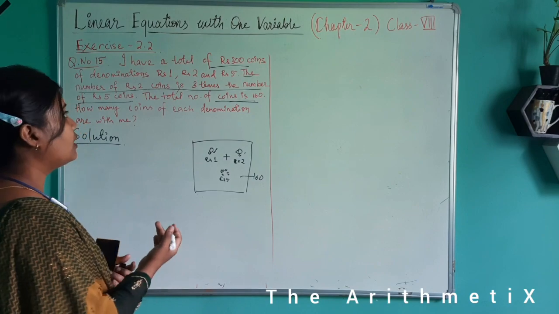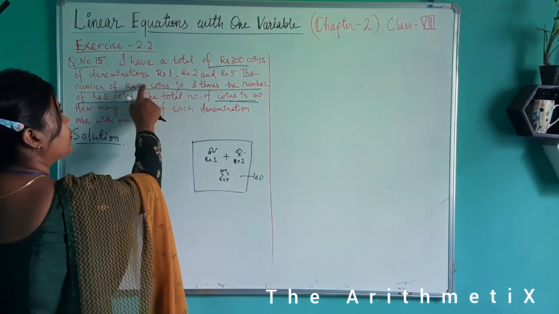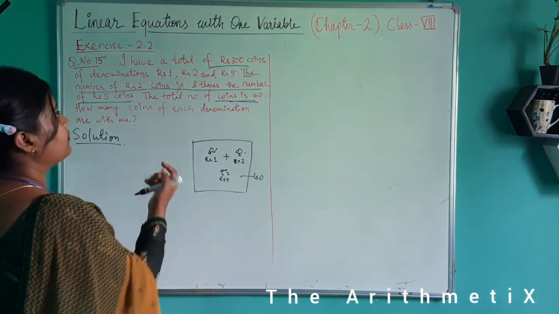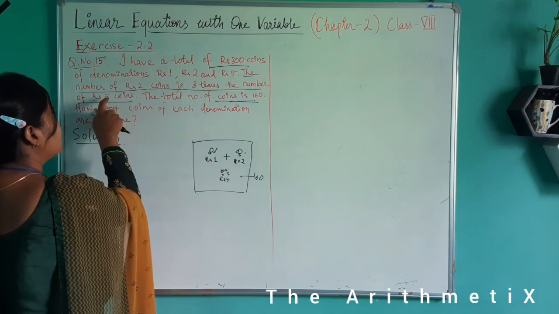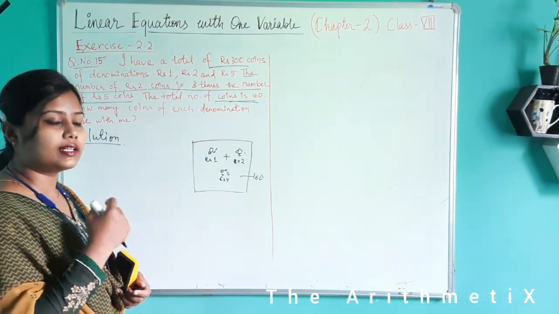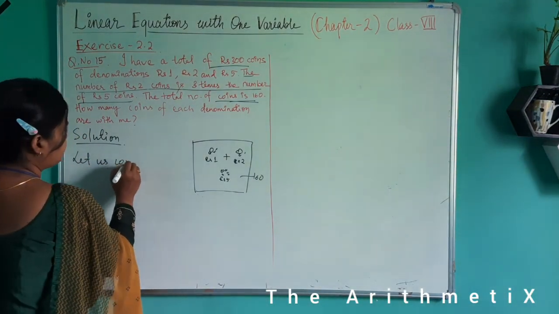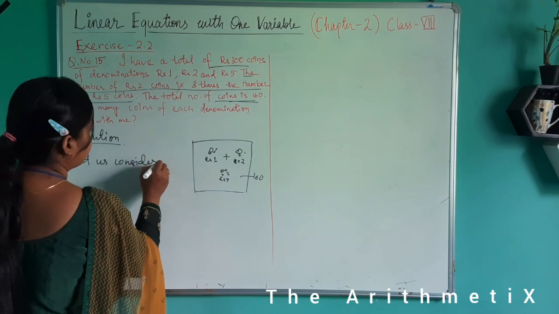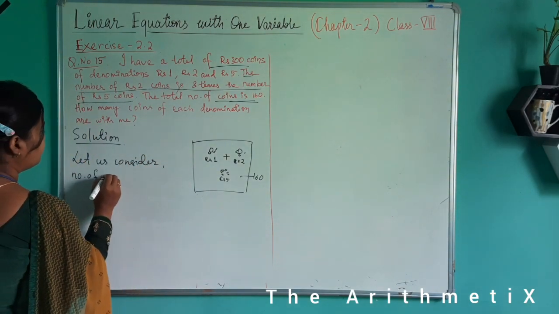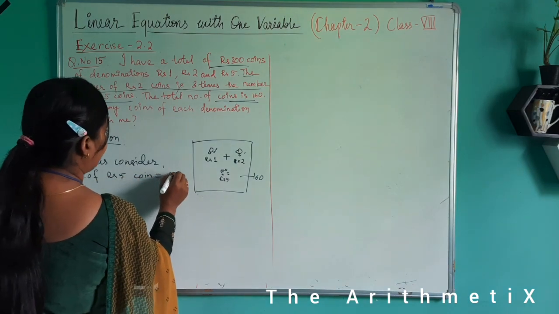So we don't know how many coins are of rupees 1, 2 and 5, but from the second condition, we can assume that the number of 5 rupee coins is x. Let us consider the number of 5 rupee coins equals x.